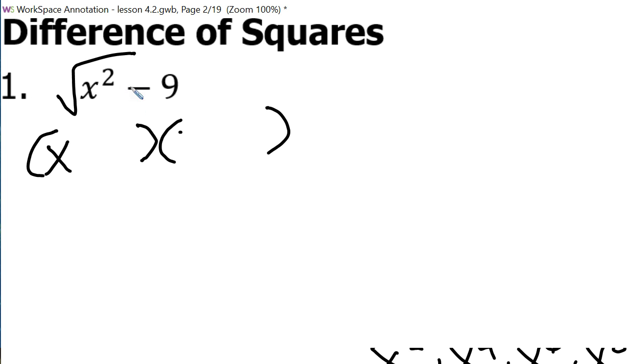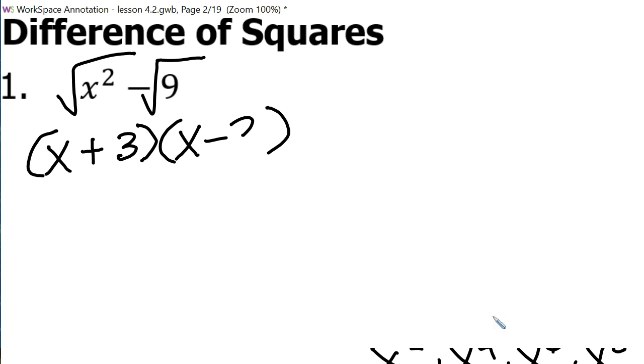So x to the first, x to the first. One is a plus, the other is a minus. And square root the last term. What's the square root of 9? 3. So notice the answers are very similar, except one of them is a plus in the middle, the other one is a minus. So x plus 3, x minus 3.